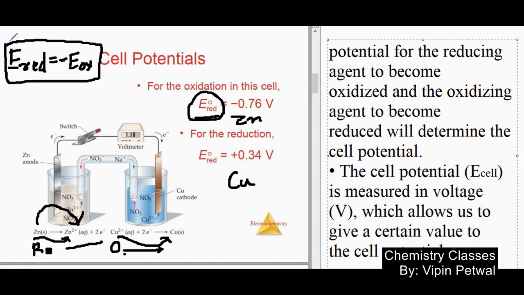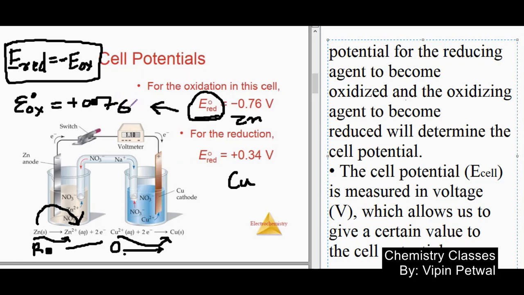This is the formula. So if E reduction potential is written here, it implies that E oxidation potential is equal to plus 0.76.